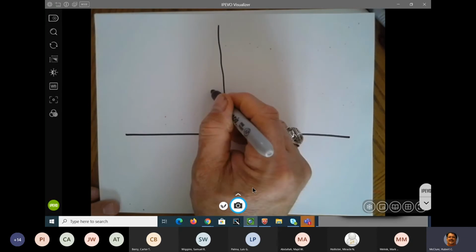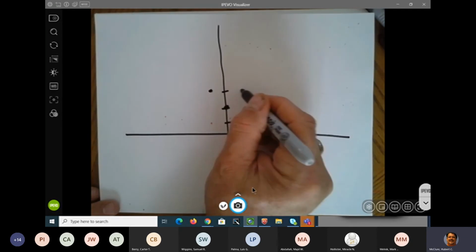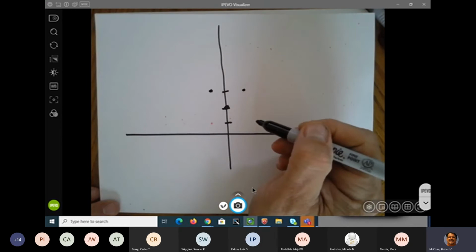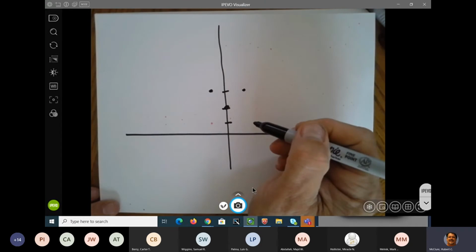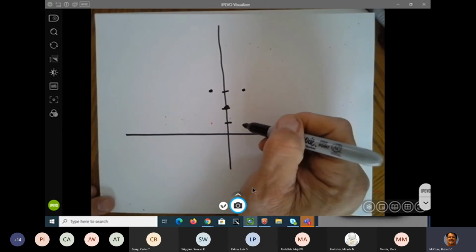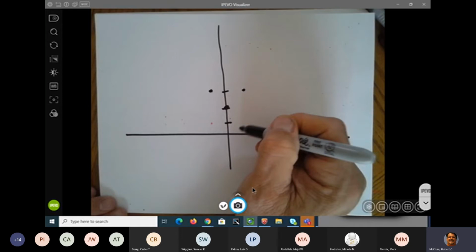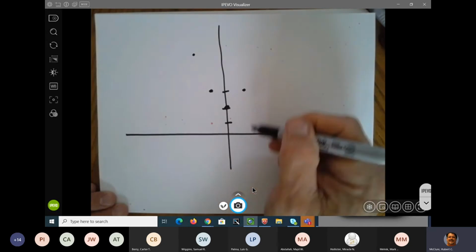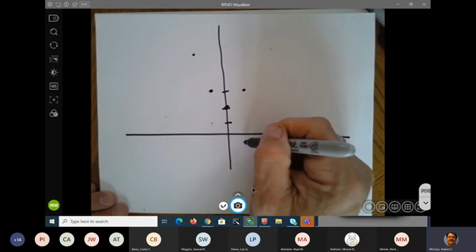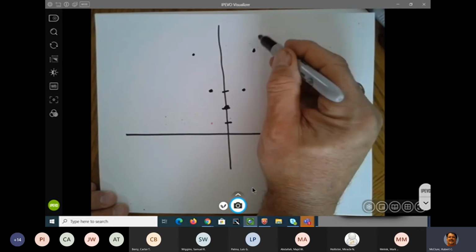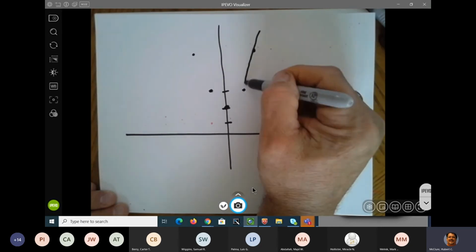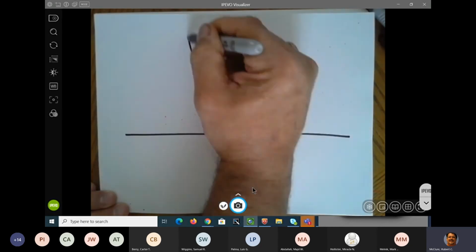So 1 would be 3, and 2 would have been 6. All right, so here's my graph. And that's the graph we drew a while ago.